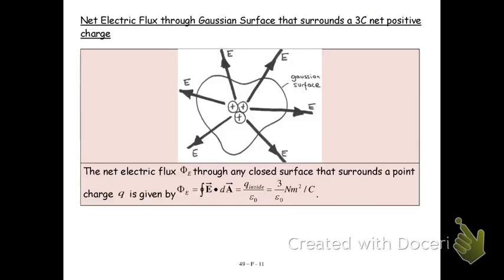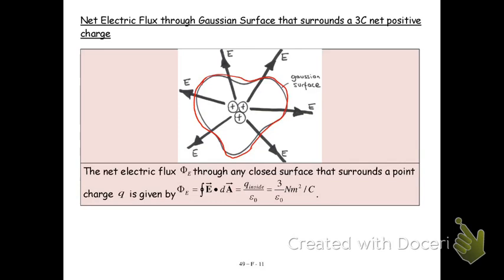Let's take a couple of examples. So here's three positives, all close together. Don't worry about the separation. They give me a radially symmetrical E field. And I chose to draw a Gaussian surface which is heart-shaped, just because. You can draw whatever Gaussian surface you like, but you've got to live with it, and some are better than others.